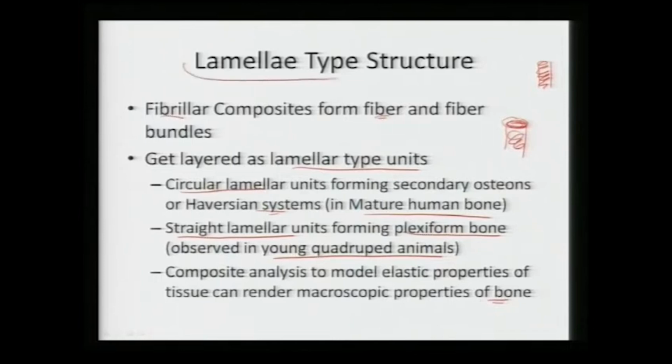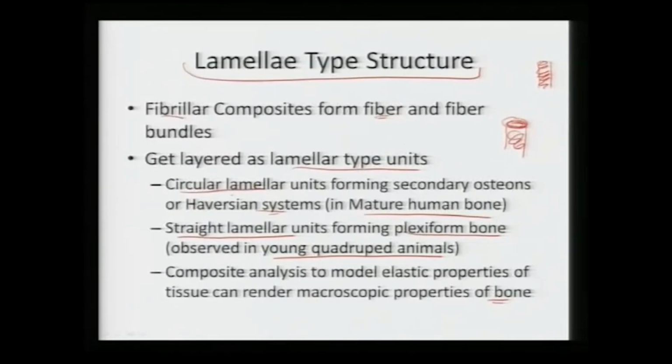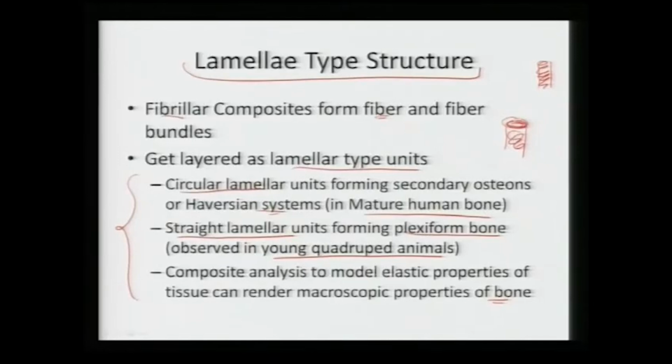But once we have a lamellar type of structure, we can identify the overall composition, but this system is very complex because of the presence of porosity, the overall construct of the lamellae and how they are arranged, whether circular, planar or plexiform, and the presence of any veins which supply nutrients and blood vessels to carry oxygen. So this makes the bone very complicated, and the analysis of this composite to estimate its elastic property becomes much more complicated than the previous case.